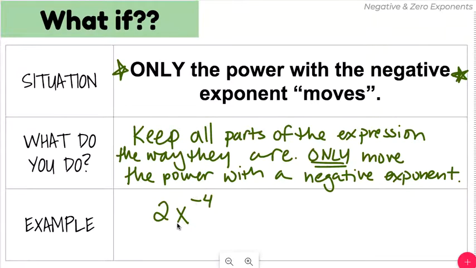The x is to the negative fourth power. This is the problem. So this 2 in the numerator stays in the numerator. It does not move. X to the negative fourth is the issue. I need that to be x to the positive fourth. So for me to make this x to the positive fourth, I have to move it from the numerator to the denominator.